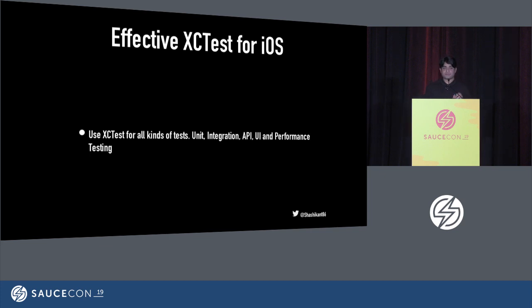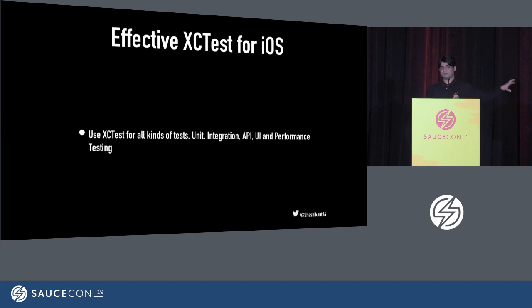So it would be a good idea to use XCTest for all levels of testing, and not introduce any sort of additional tool, for example, API testing tools or performance testing tools. You might see that there are tools available for API testing, or for performance testing, like JMeter, Gatling.